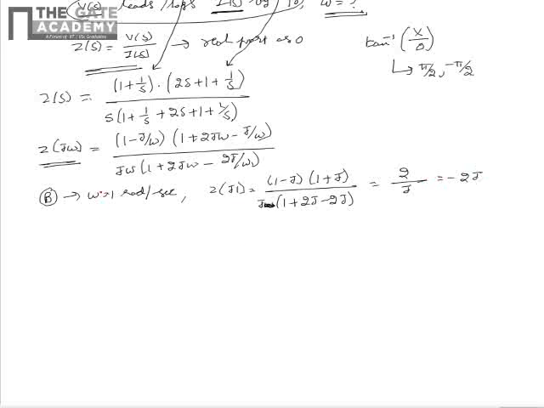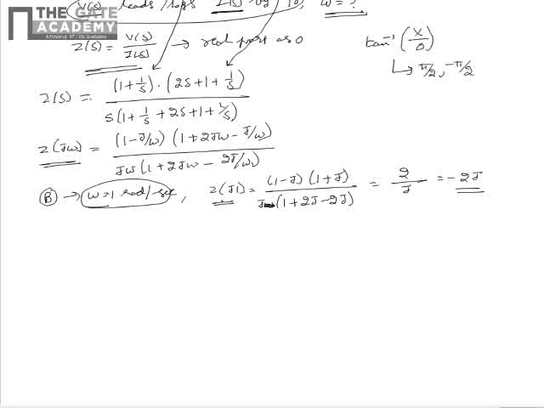From this we see that for omega equal to 1 radians per second, Z of J1 is minus 2J. It means that the impedance at omega equal to 1 radians per second is purely imaginary, and hence the real part is 0.